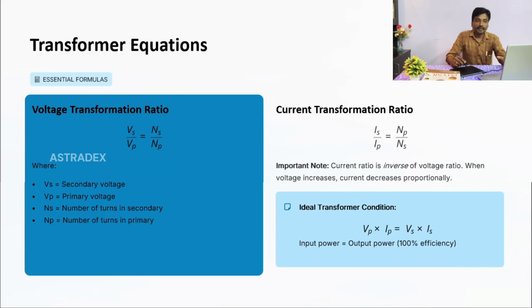See, here given transformer ratio. The two ratios given here. One is voltage transformer ratio, which is Vs by Vp is equal to Ns by Np.